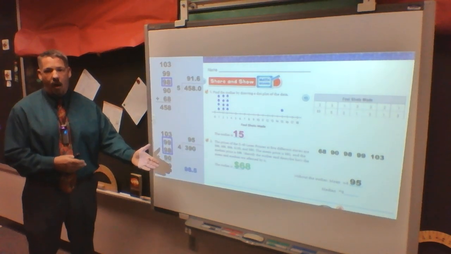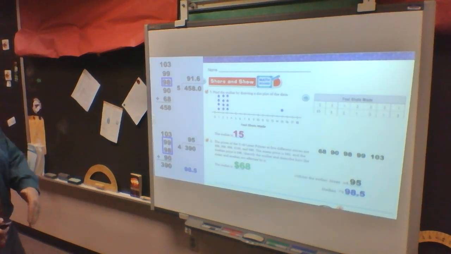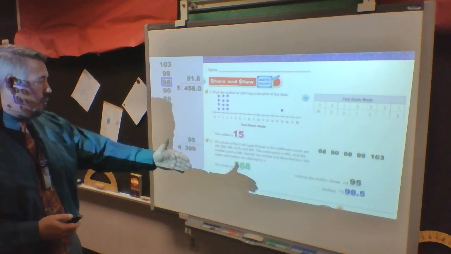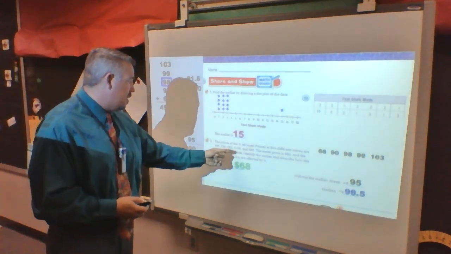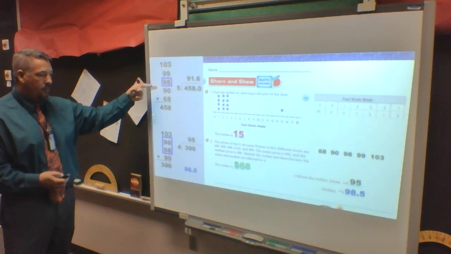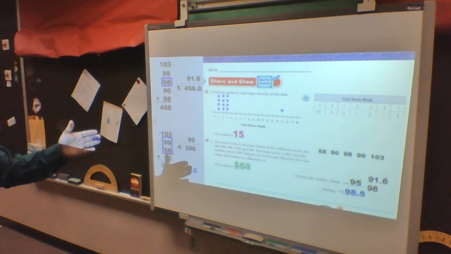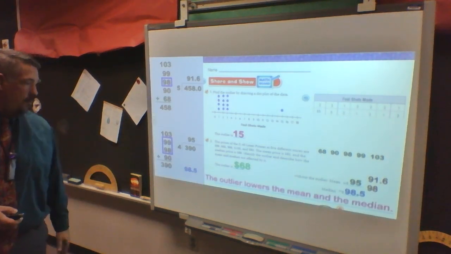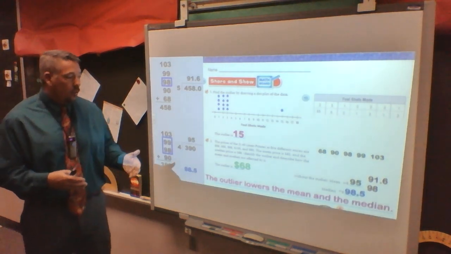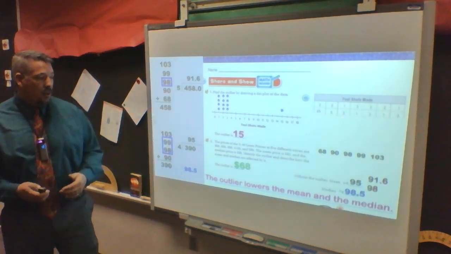Well, it's 98.5. It's right in the middle of 98 and 99. So when I look at my median without the outlier, it's 98.5, and they tell me that it's actually 98 with it, and I got 98 as well. So how did that affect it? Between 91.6 and 95, and 98 to 98.5. Well, the outlier lowers the mean, and it also lowers the median.